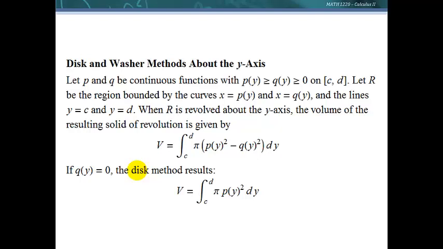If we revolve around the y-axis, the volume of the resulting solid is pi, the disk, p of y squared minus pi, the hole, q of y squared, dy. And if q of y, the second function, was 0, then it's simply a disk instead of a washer.